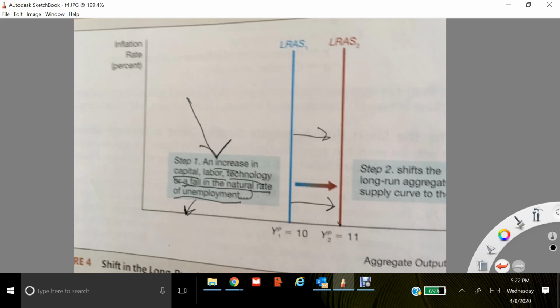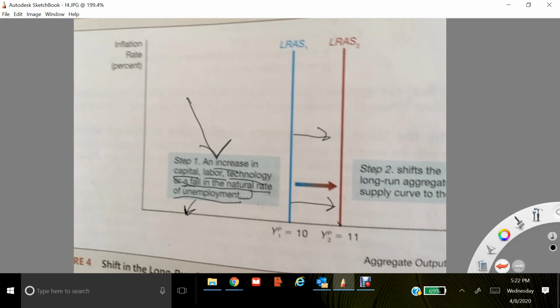if that were to fall, if, for example, it took, on average, people less time to find a new job than they used to, that would result in a fall in that source of unemployment, the natural rate of unemployment.